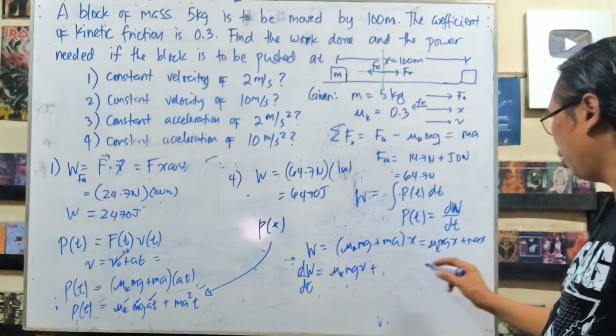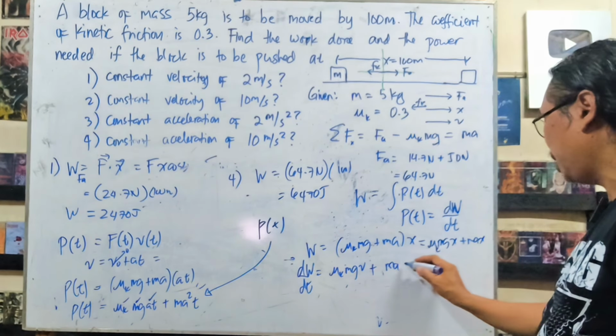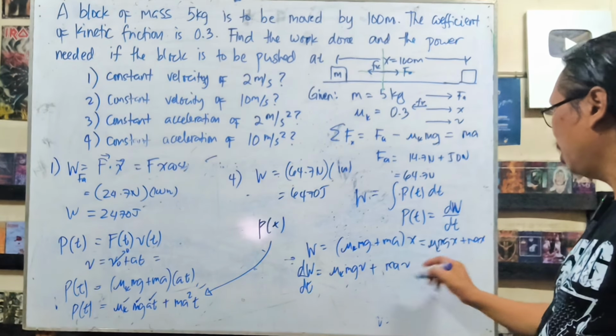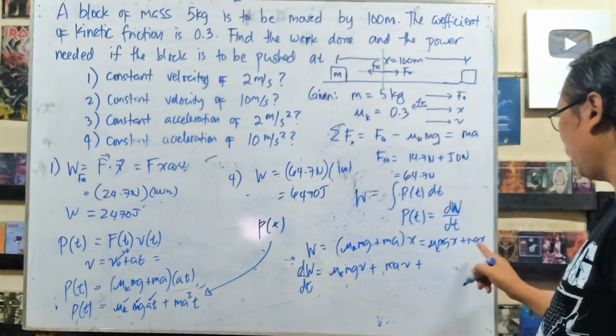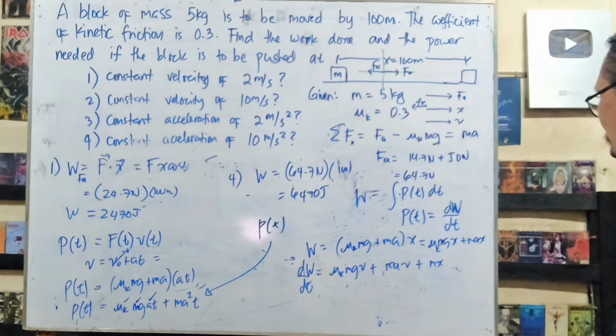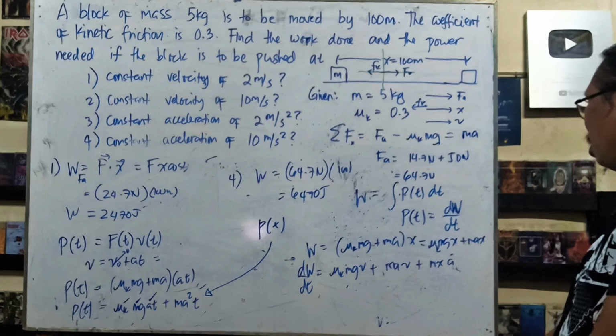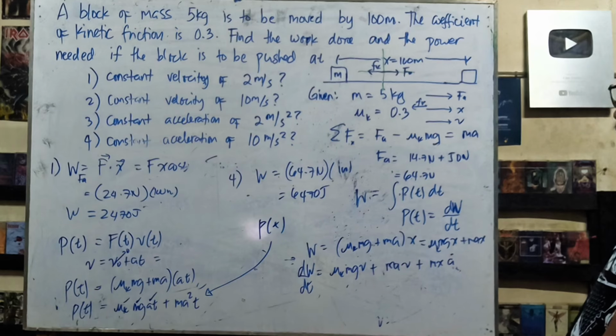So you have first the second, so you have now m a times x dot, meaning this is v, plus second the first. So you have mx times a dot. But what is that a dot? That is dA over dt.